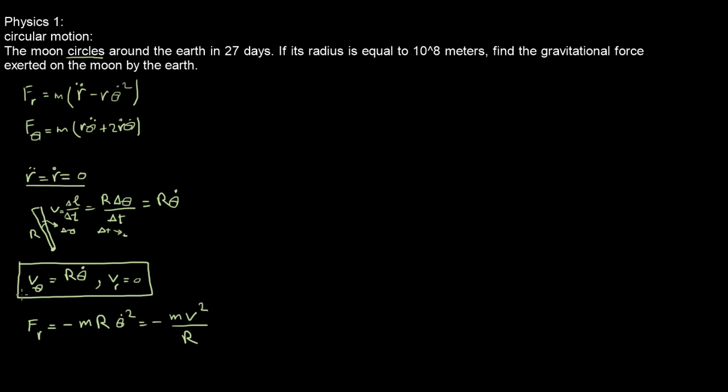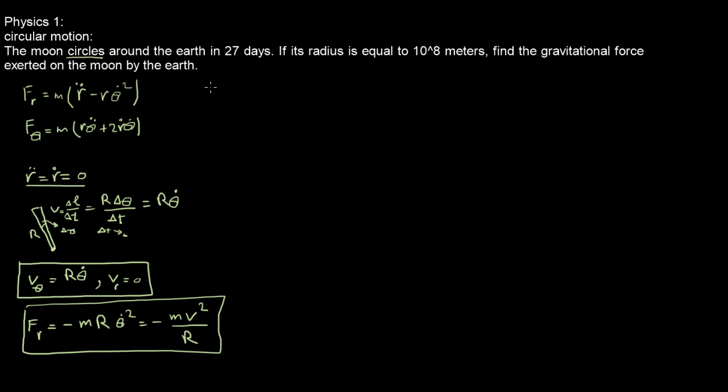I dropped the theta here because in circular motion there is only one v and it's the tangential. This is called centripetal force, and you probably need to memorize this as well: F equals minus m v squared over r. The minus means the force is always toward the center, and that's why it's called centripetal.